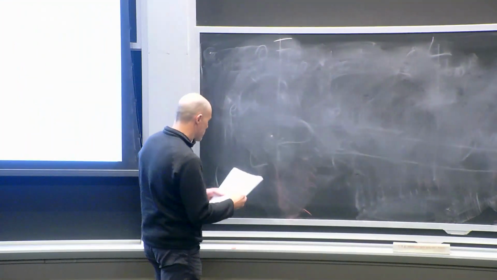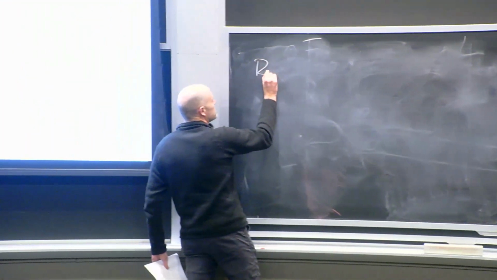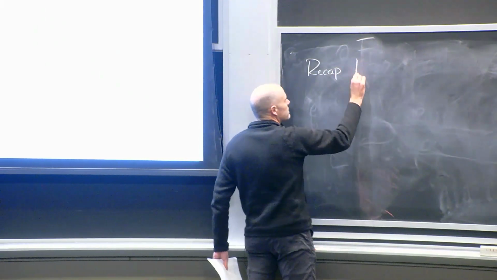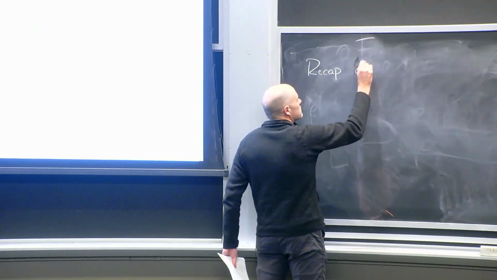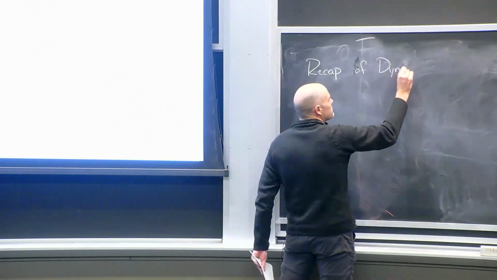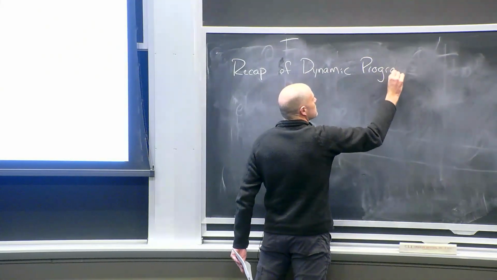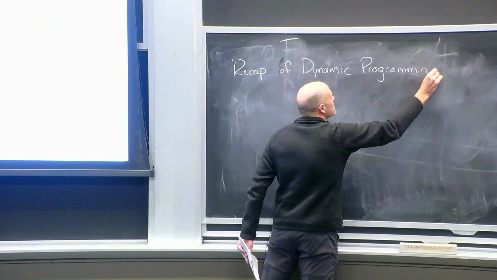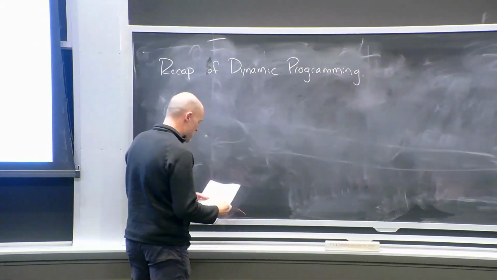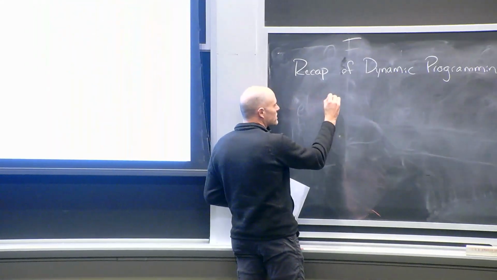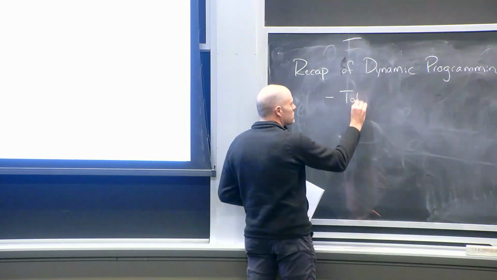I'll give a quick recap of DP just to set the stage for what we're doing today. Dynamic programming. So we talked about three important cases, right? We talked about the tabular case first.